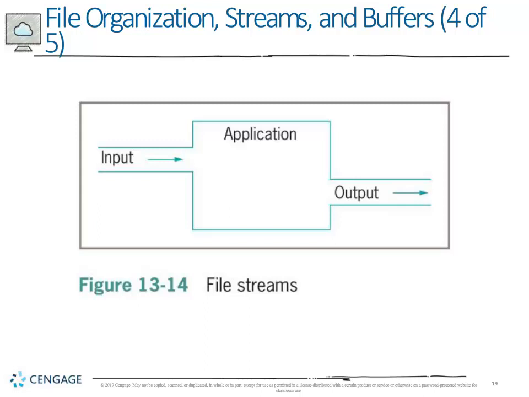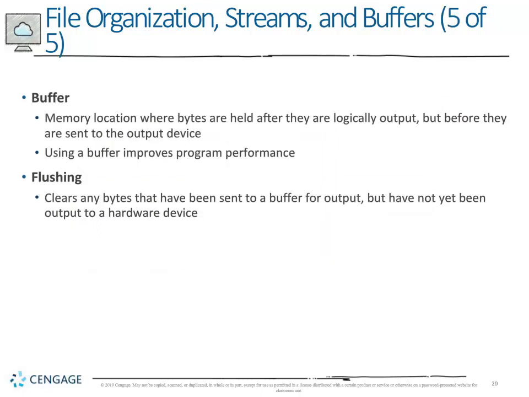A stream is an object, and like all other objects, streams have data and methods. The methods allow you to perform actions such as opening, closing, reading, and writing. A buffer is a memory location where bytes are held after they are logically output, but before they are sent to the output device.